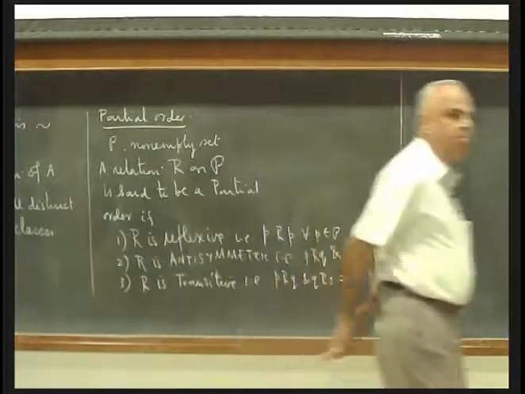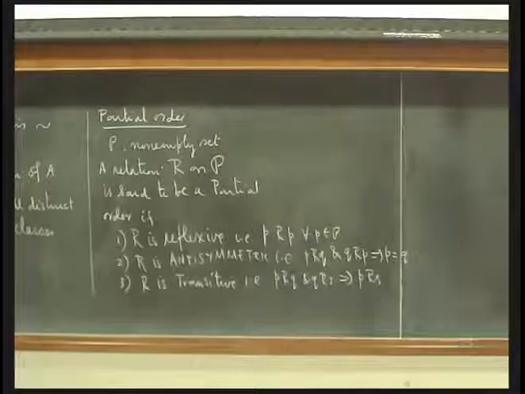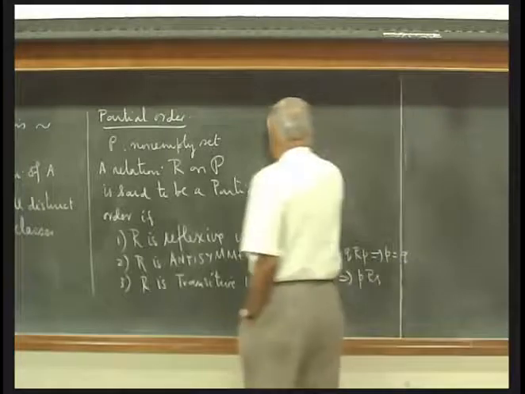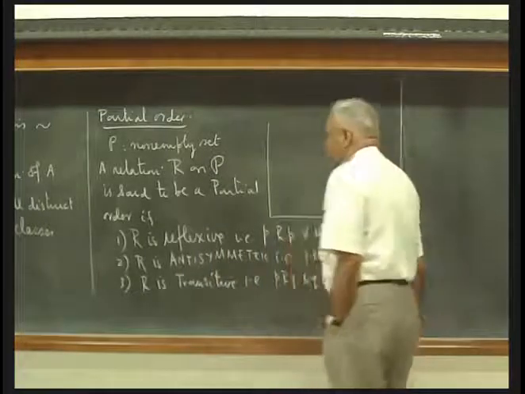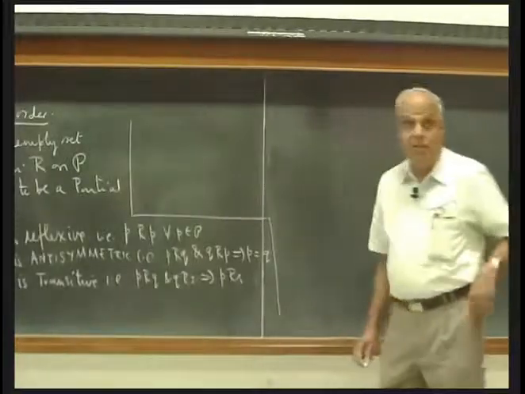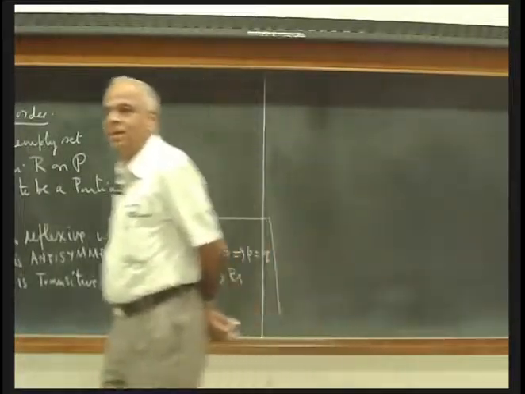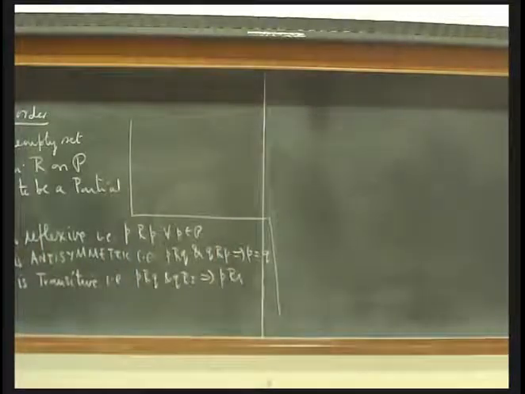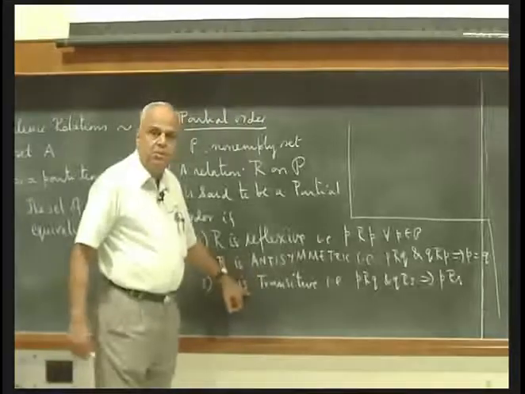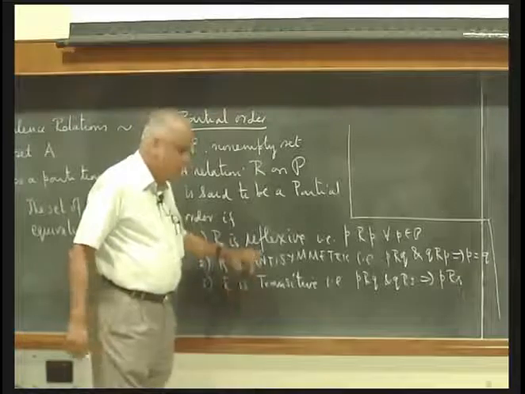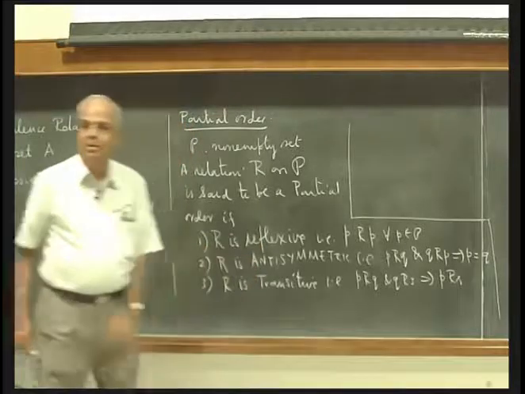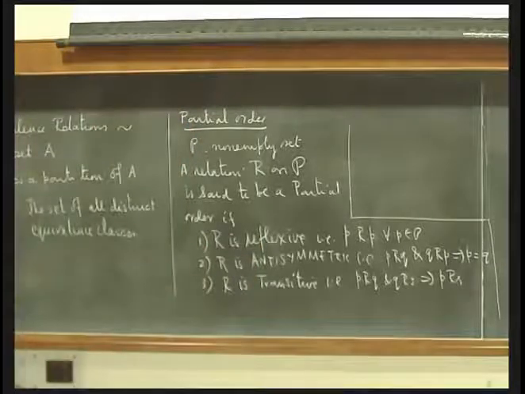We'll give a few examples right now. Before that, I'll make a few remarks. It will be a good exercise in understanding the meaning of each one of these to give a relation R which is reflexive but not the other two, a relation R which satisfies two of them but not the third, and then all three.